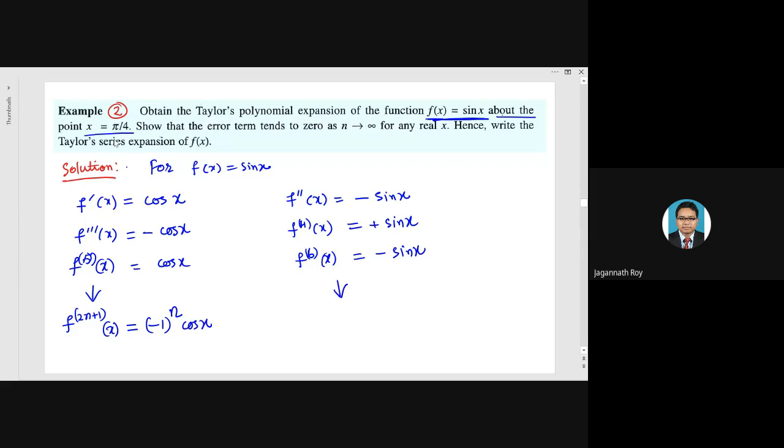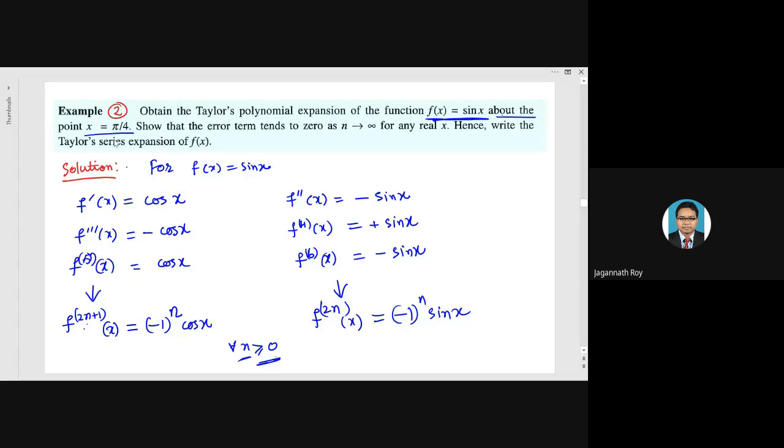So from here you can write f of 2n of x equals minus 1 to the power n sin x, for all n greater than or equal to 0. Because if you substitute n equals 0, then this is becoming 1.